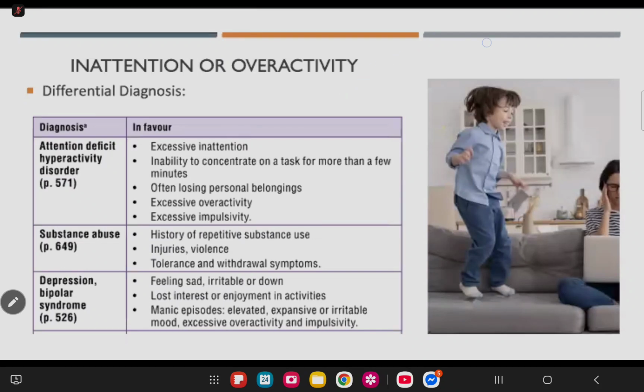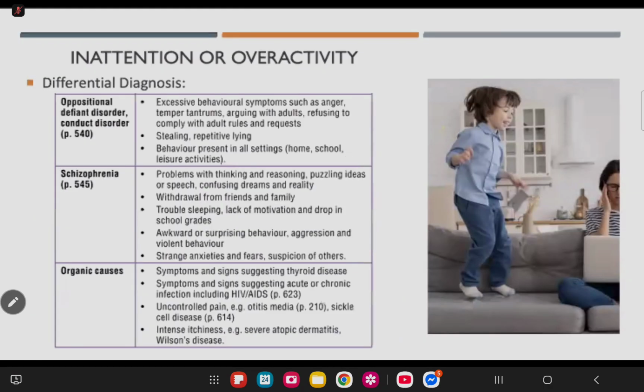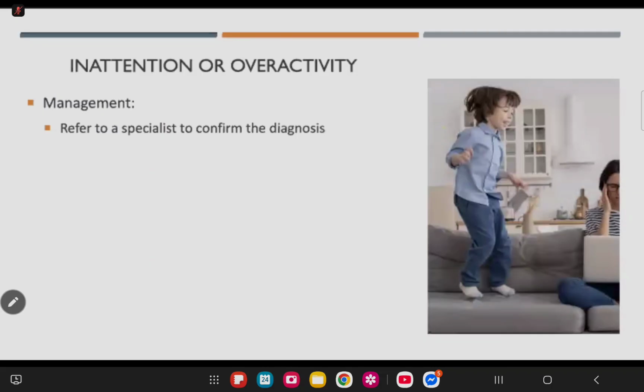I'm not focused on this now. ODD, we'll discuss this. Schizophrenia, I'll discuss later in the next session. Okay. So that's it. If you have suspicion of ADHD, refer. Simple as that. Refer.